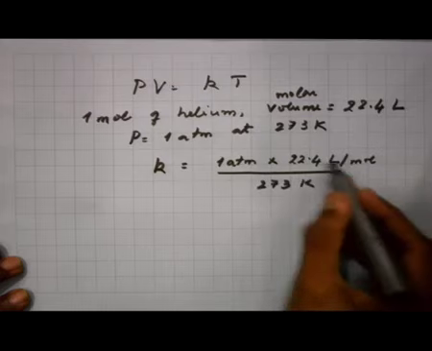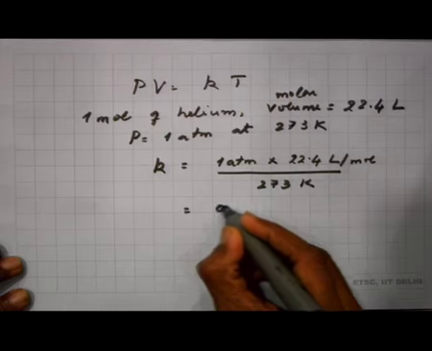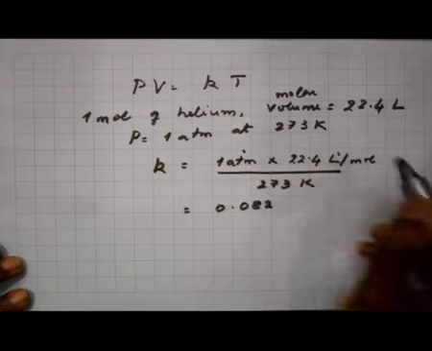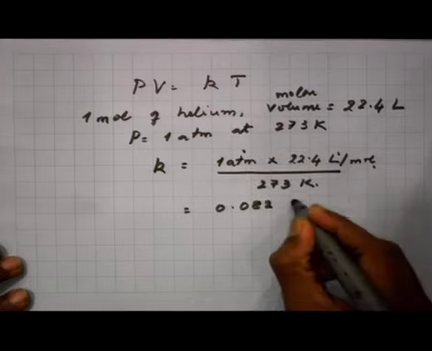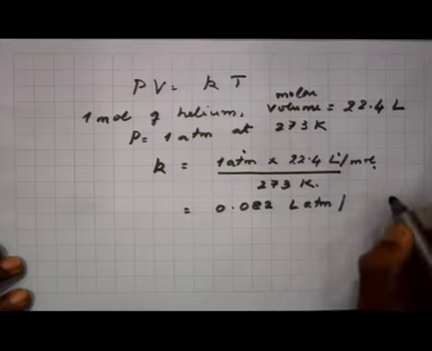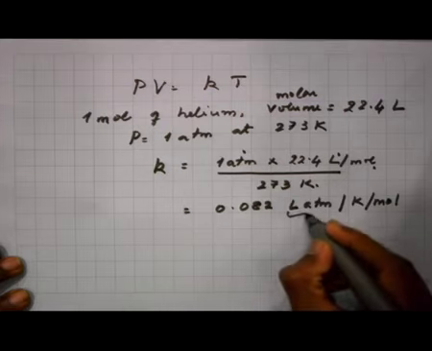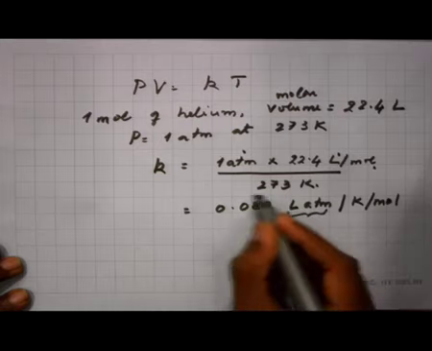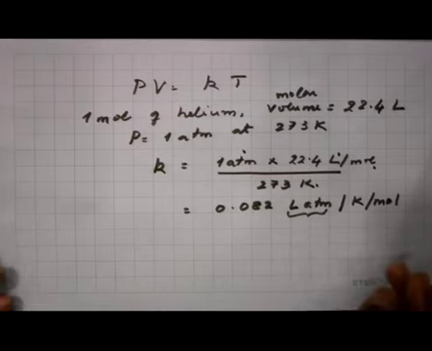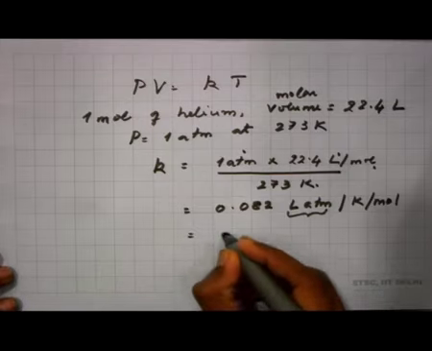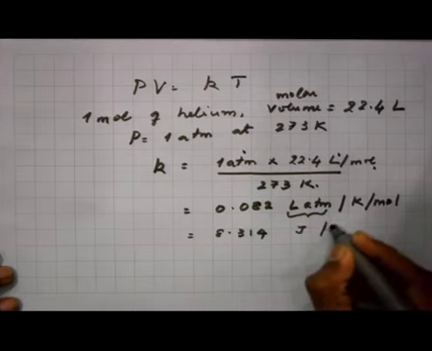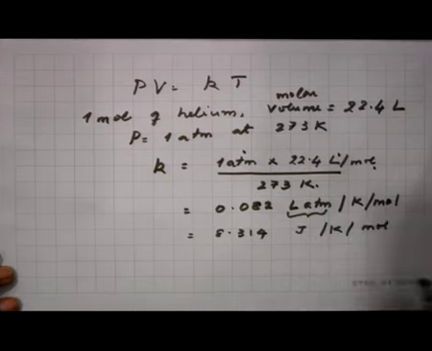And multiplying the units out, this works out to be 0.082 liter atmosphere per Kelvin per mole. And this product we know is the energy. So, if you were to do it in SI units, this would work out to joules. This number would obviously be a little bit different. It will work out to be 8.314 joules per Kelvin per mole if you were to do it in SI units.